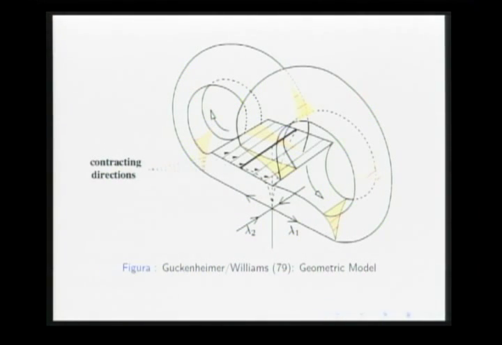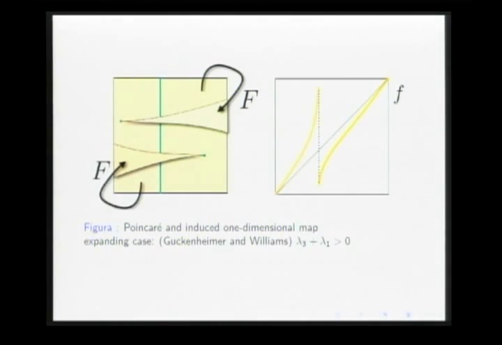So with this kind of model, which displayed the same main characteristics as the numerical experiment of Lorenz, they came to this Poincaré map of the square. Because of the strong contraction of the leaves, this induces a one-dimensional map like this here.